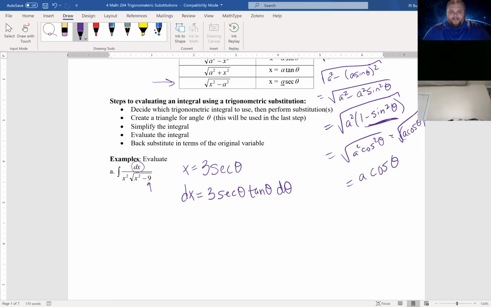Now, I'll tell you right now, the most common mistake with these types of problems is that people will not plug in for dx properly. They'll plug in the x everywhere, and they'll go, uh-oh, everything is theta now, so I can't have dx. I'm just going to rewrite it as d theta. So don't do that.